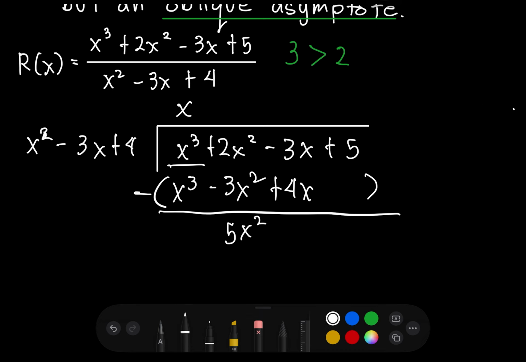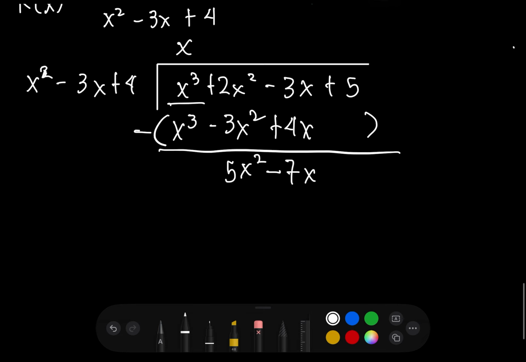So, if that is the case, 5x squared, yung huli naman, negative 3x minus 4x, that is, since they are both negative, just add them. Negative 7x.